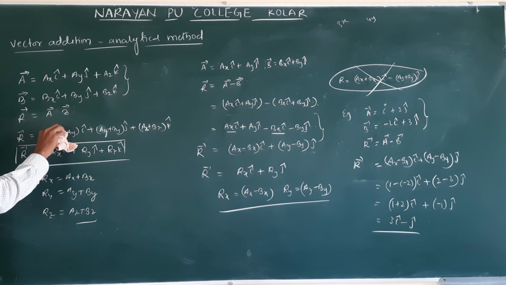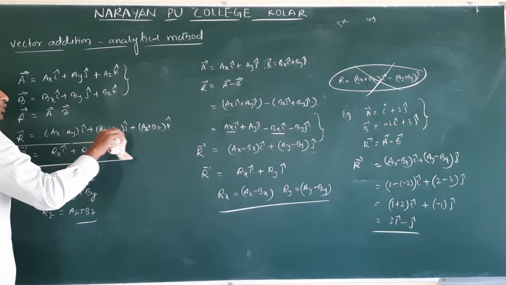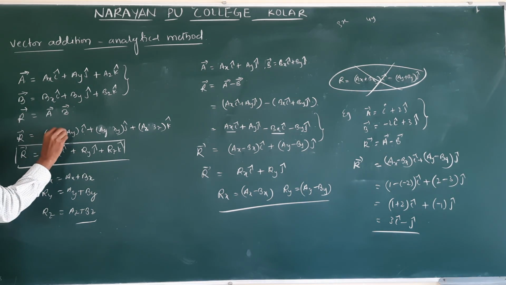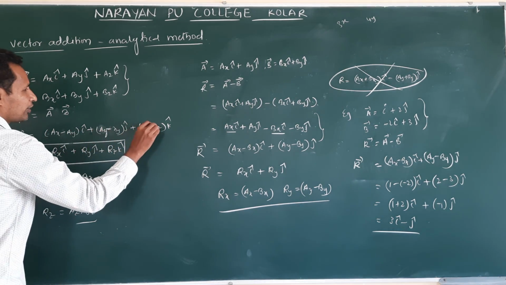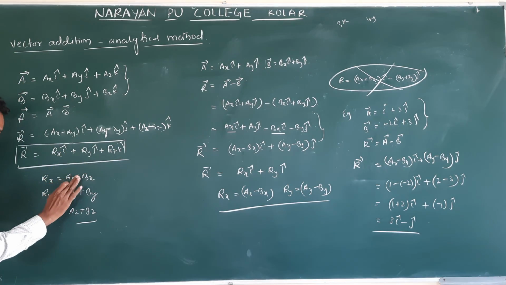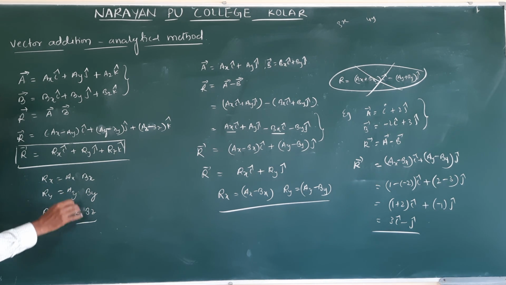Here you will get minus, and in the components only subtraction we need to write. This is plus common, this is minus, this is minus. Then Rx i cap plus this remains the same, but here instead of the addition symbol we need to write the subtraction symbol.